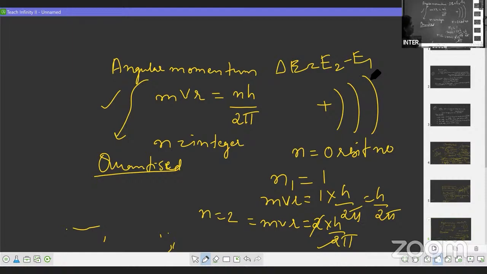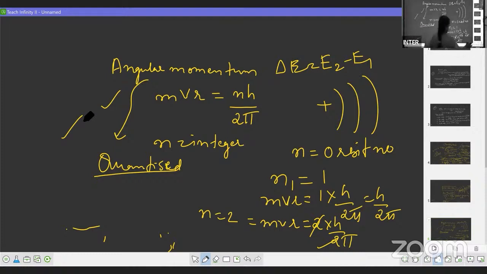In the higher orbit, the electron is very unstable, so it will try to come back to its original position by giving out that excess energy. The next is about the angular momentum: mvr is equal to nh by 2 pi. Okay, students, so this is about Bohr's theory.